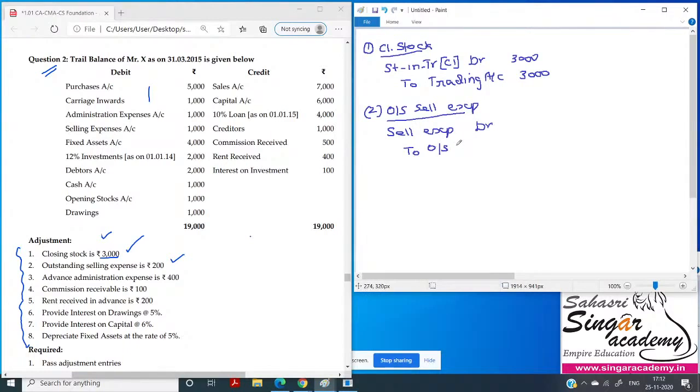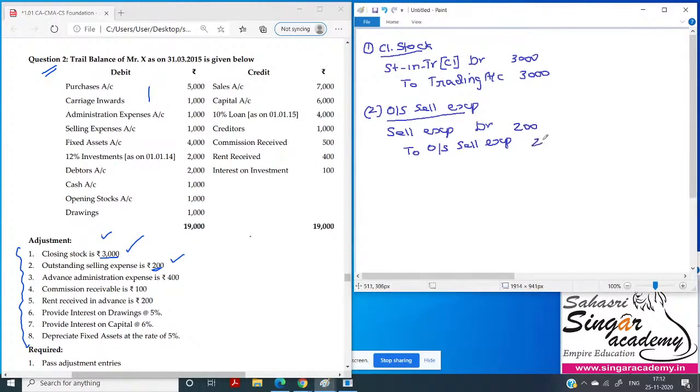It represents the person to whom we are supposed to pay the selling expenses. That's why outstanding selling expenses is a representative personal account. Already I told you, whenever we have some prefix or suffix with a nominal account, that particular account becomes a representative personal account. So outstanding selling expenses is going to be credited, the value being 200 rupees. Is it okay?